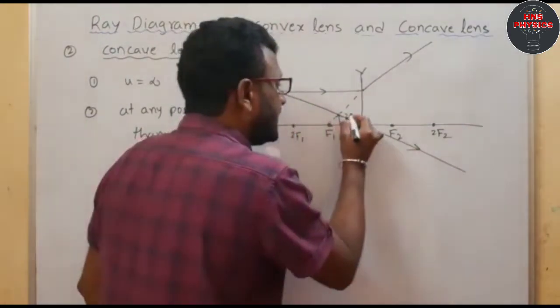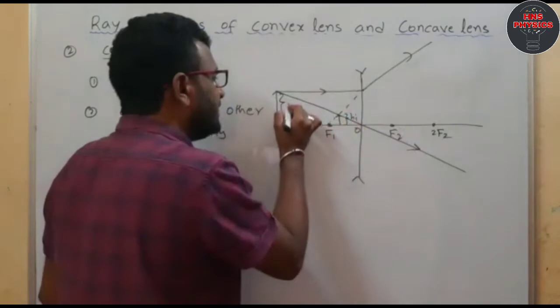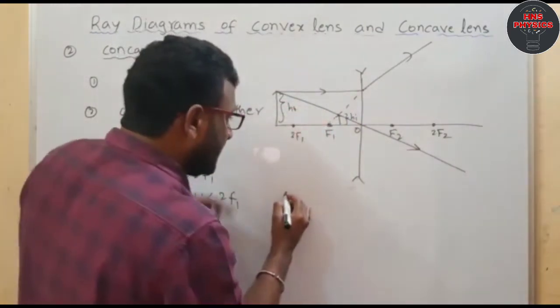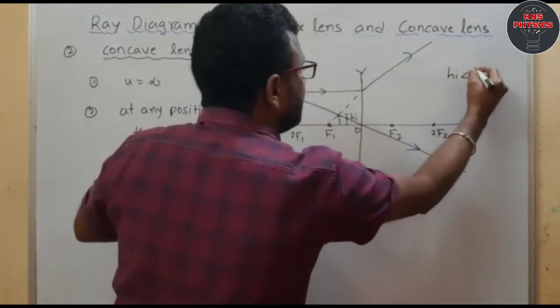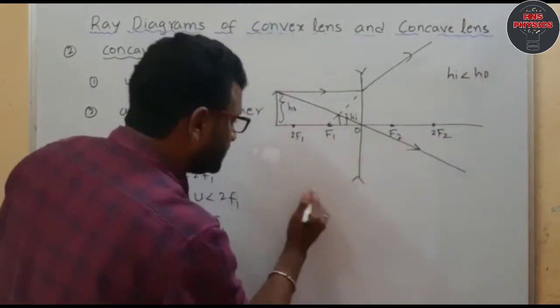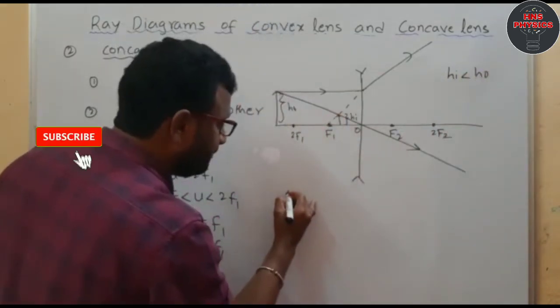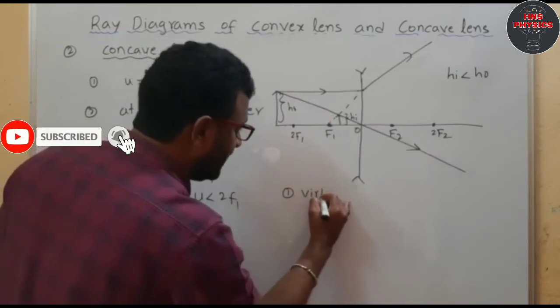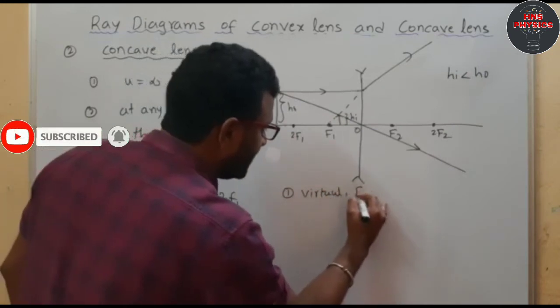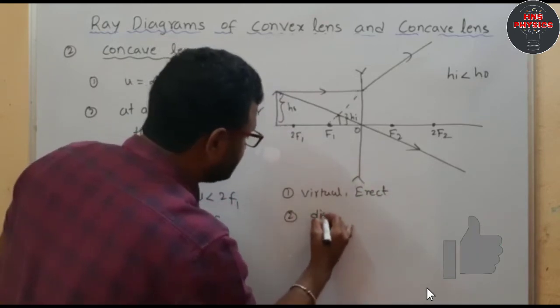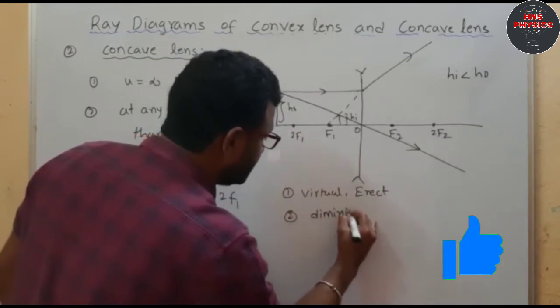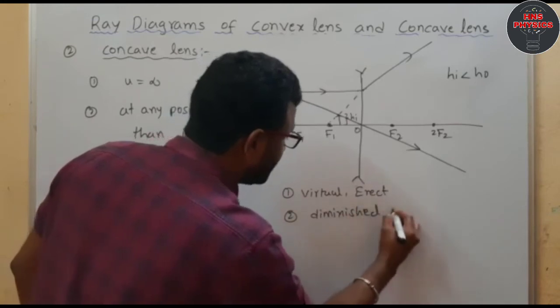This is the height of the image, and this is the height of the object. In this case, the height of the image is less than the height of the object. So again a virtual image is formed: virtual, erect, and diminished, not highly diminished. Diminished means small size.